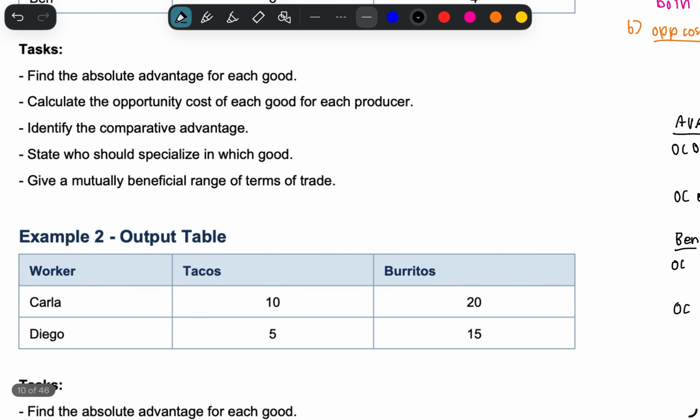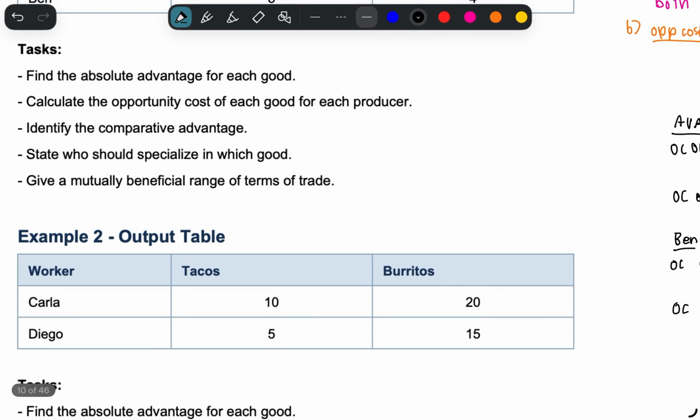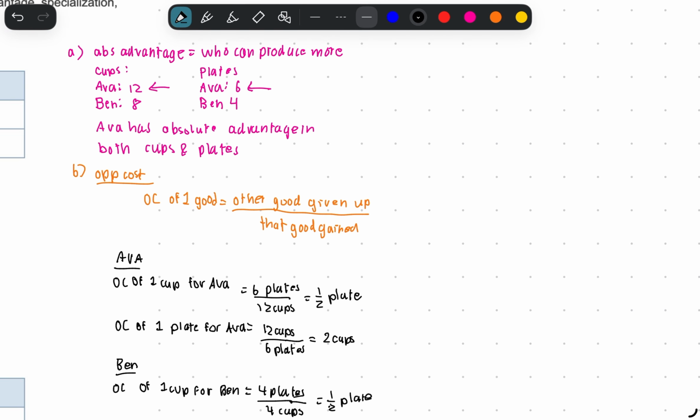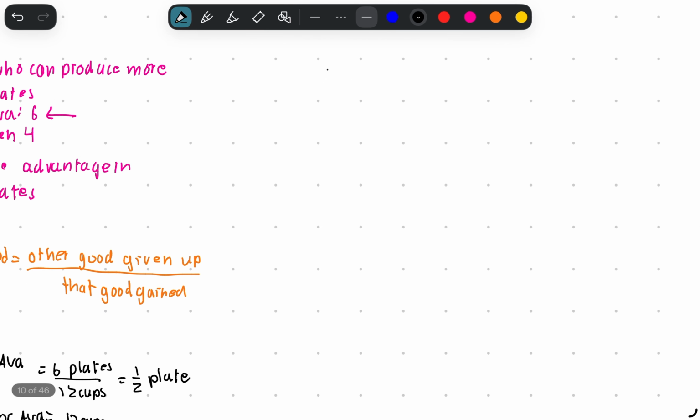Now we're asked to find the comparative advantage. This means we're looking for who has the lower opportunity cost. Now let's look at cups and at plates.